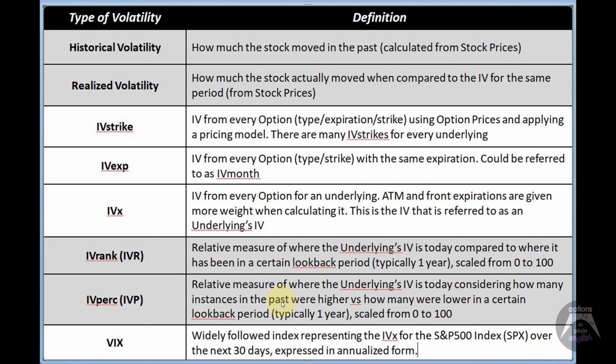These numbers are used a lot by traders, and especially as you become a better and better trader, you're going to be understanding the nuances and the details of how to trade the market based on volatility, the different underlyings, or volatility itself if you so decide.